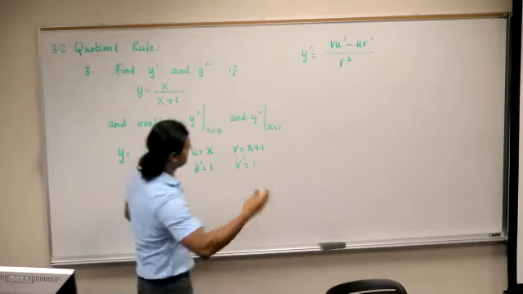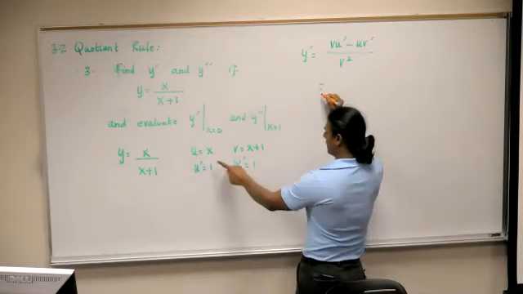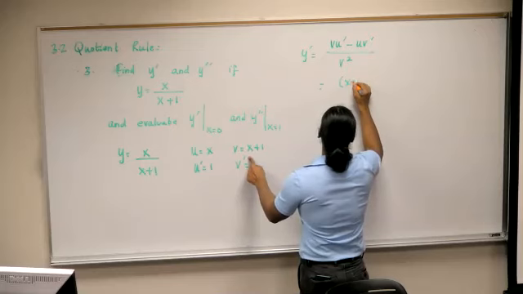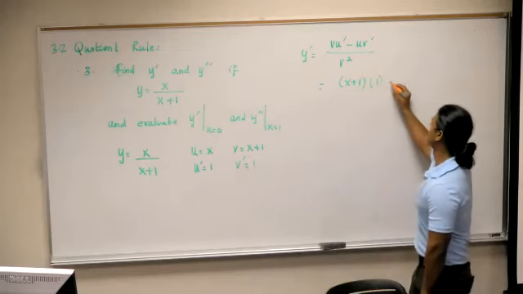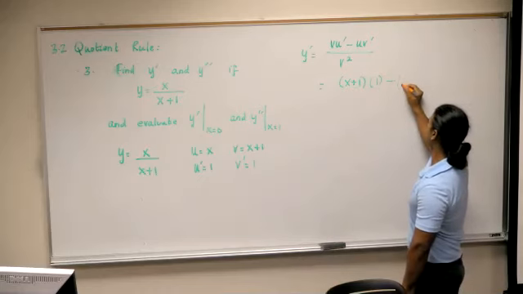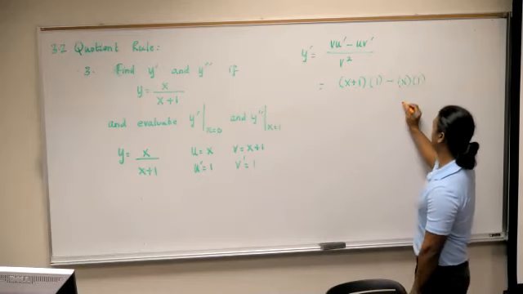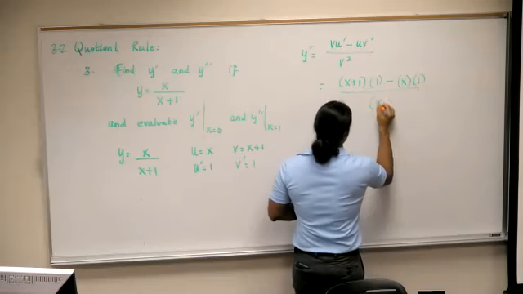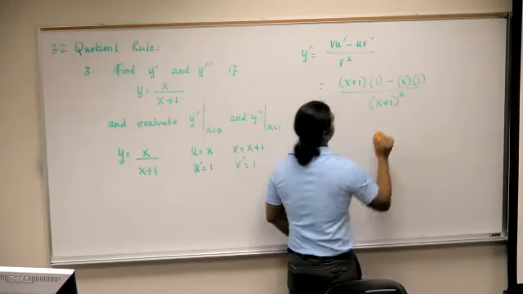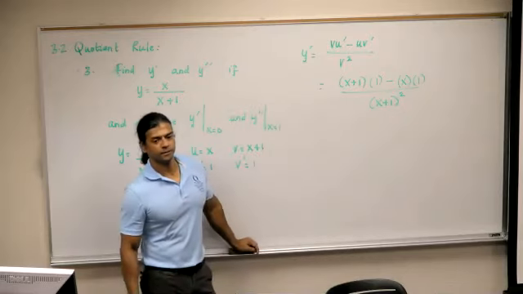So y prime is that formula: v multiplied by u prime minus u multiplied by v prime, divided by v squared, x plus 1 squared. Good.